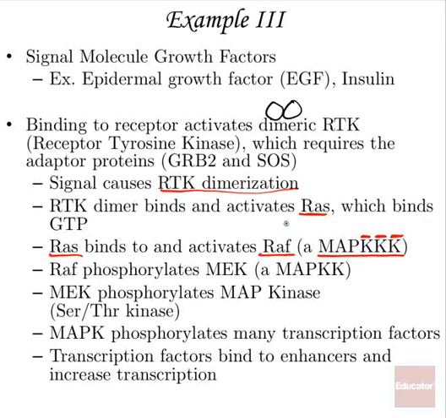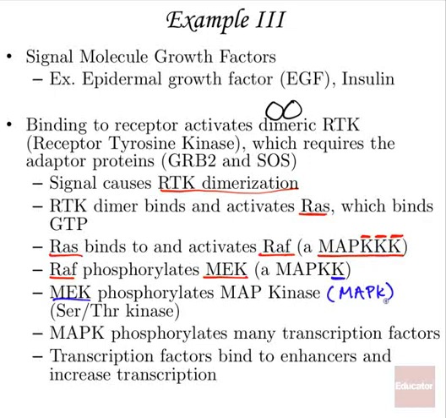So this RAF, which is our enzyme, will then phosphorylate, since it's a kinase, MEK. Now MEK is a MAP kinase kinase. Then MEK, once it's phosphorylated, will phosphorylate a MAP kinase. So a MAP K.